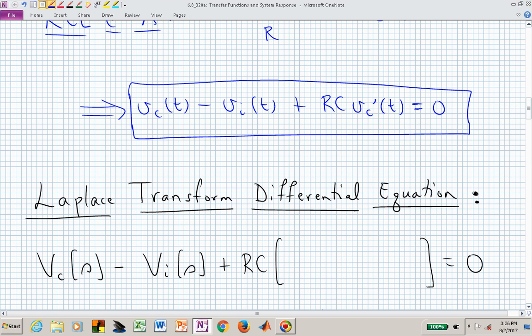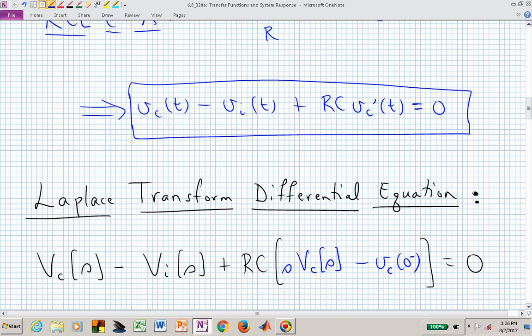Laplace transform of little v sub I of t is capital V sub I of s, and the Laplace transform of the derivative of v sub c prime, which gets scaled by RC, is just s times the Laplace transform of v sub c of s minus the value of the time domain voltage across that capacitor evaluated at t equals 0 minus.